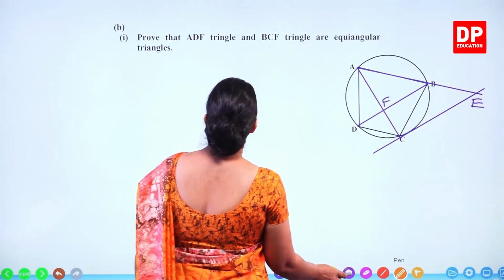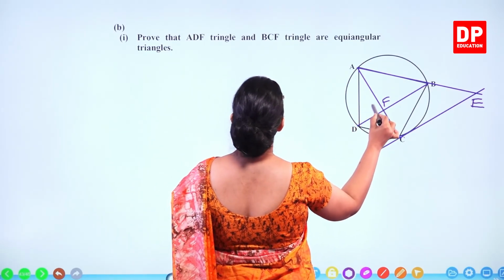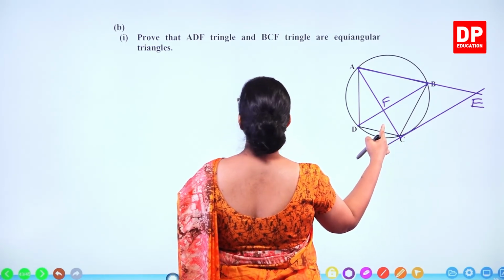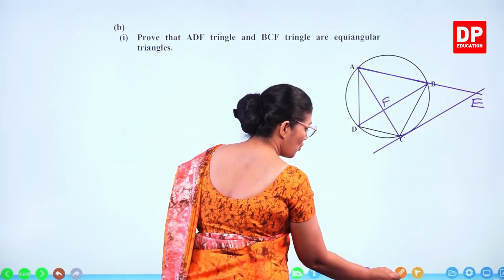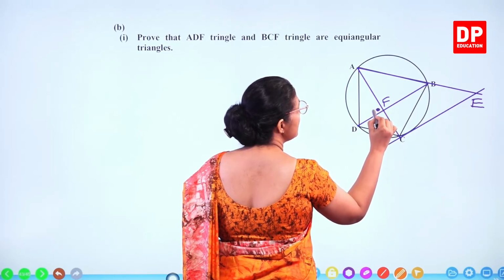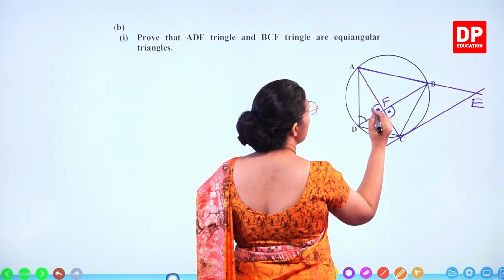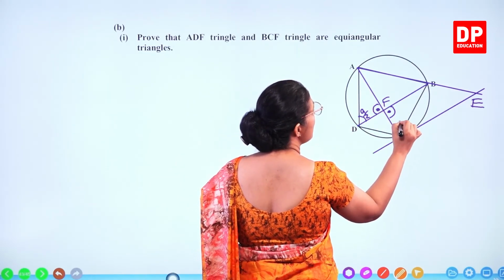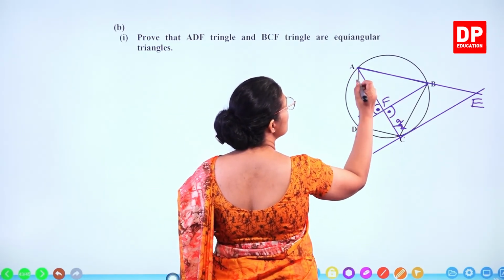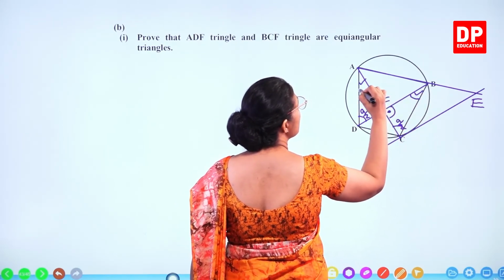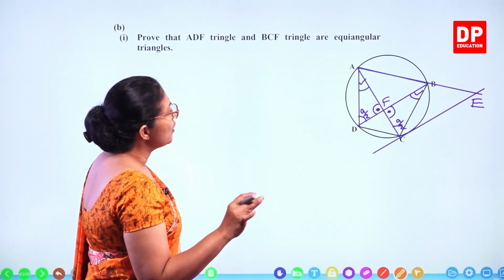So we can easily show that because we can say this angle is equal to this angle. Opposite angles are equal. But we found this angle is A over 2. This is A over 2. These 2 angles are equal. And here this angle is also same. Same segment angles are equal. So easily you can show that these are two equiangular triangles.